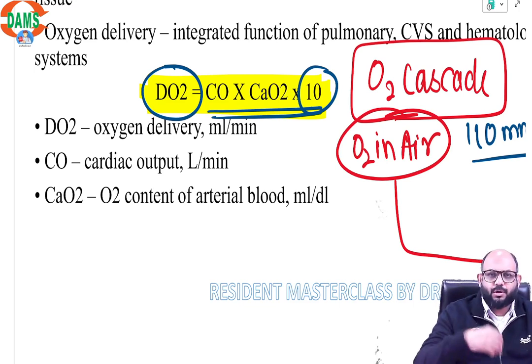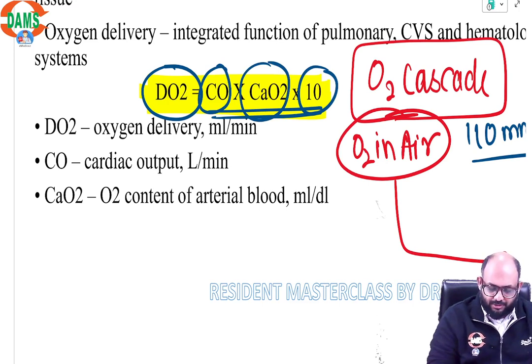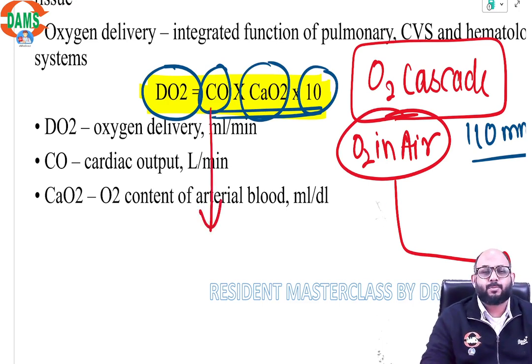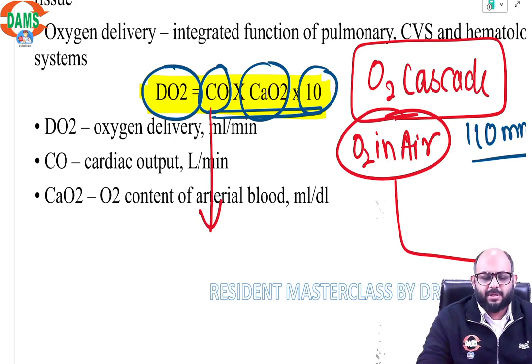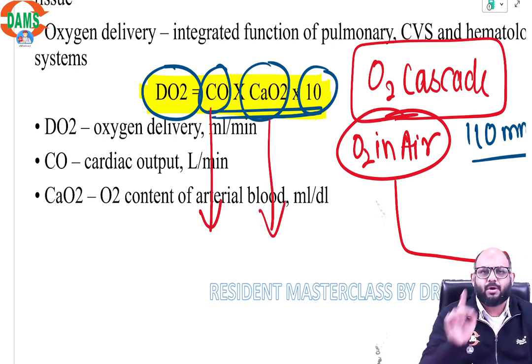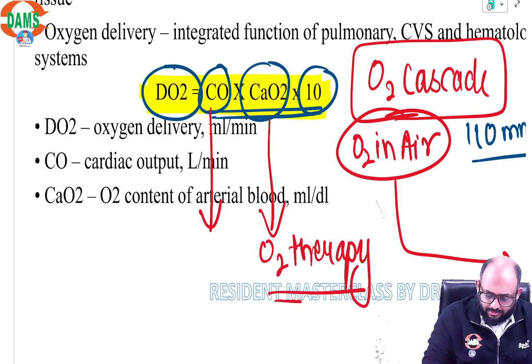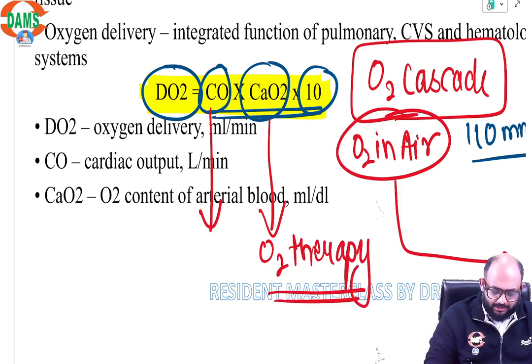If you want to deliver oxygen, what are the two factors that you need to look at? One, the cardiac output, that is the amount of blood that is ejected from the heart, and another is the O2 content. Now, when you give oxygen therapy, you are only affecting the O2 delivery, not the cardiac output.